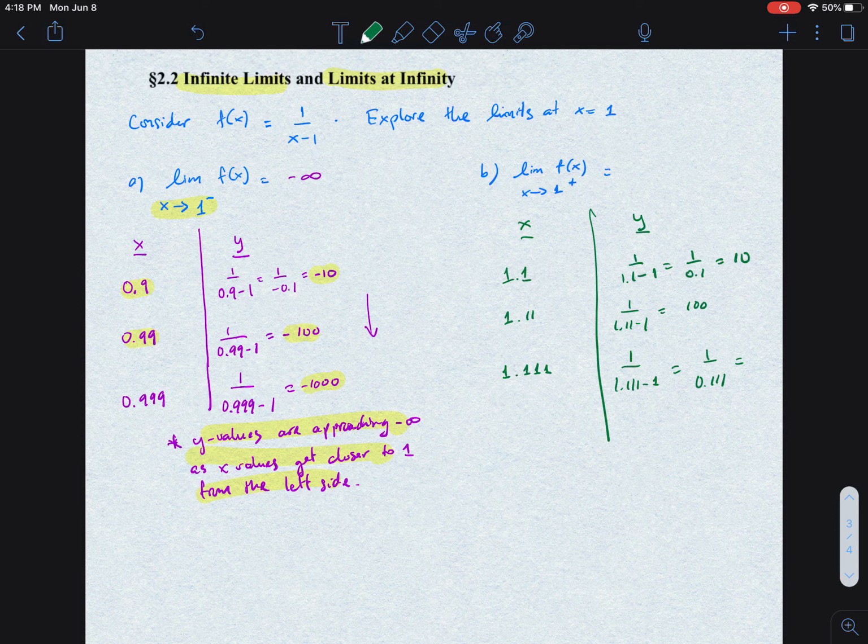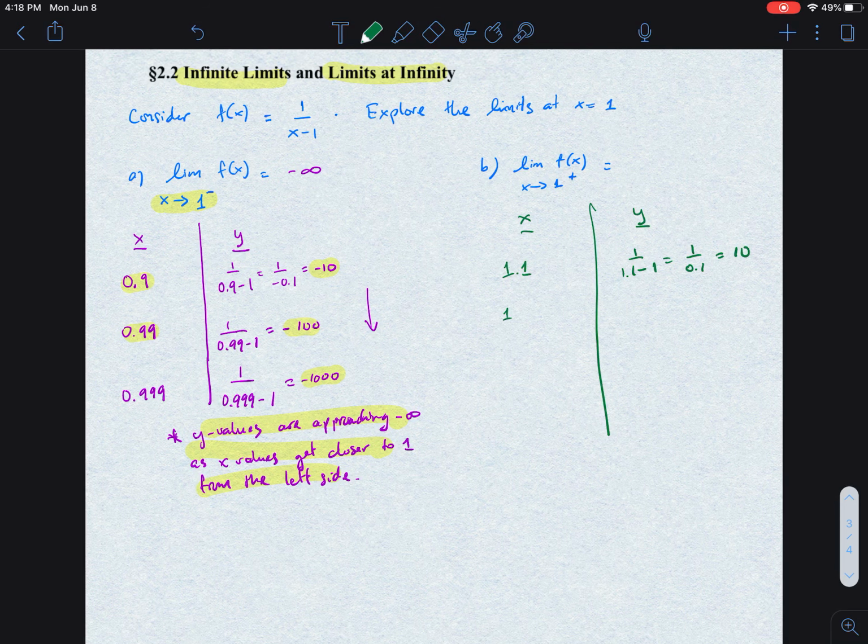What I want to do is not these numbers. If I want to get closer to 1 from the positive direction on the right side, then the next number I choose is going to be 1.01, and then 1.001. There you go. Now we should be on the right track.